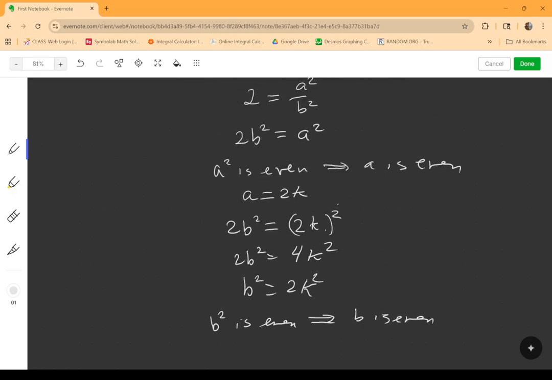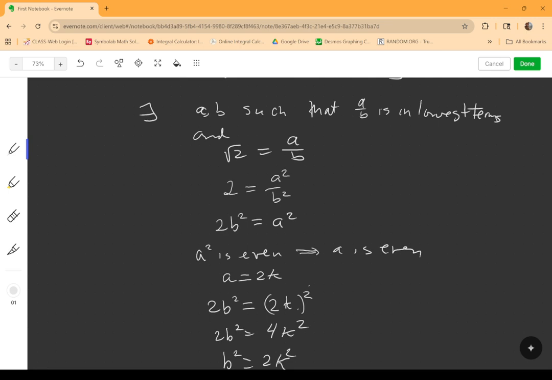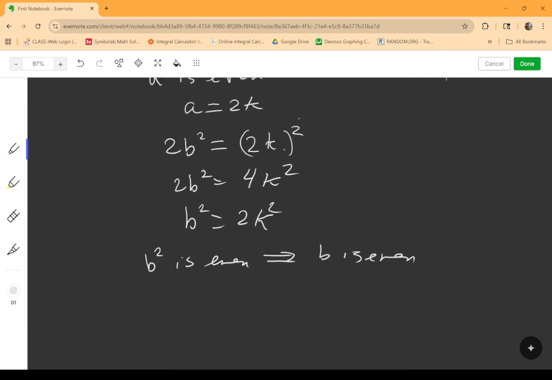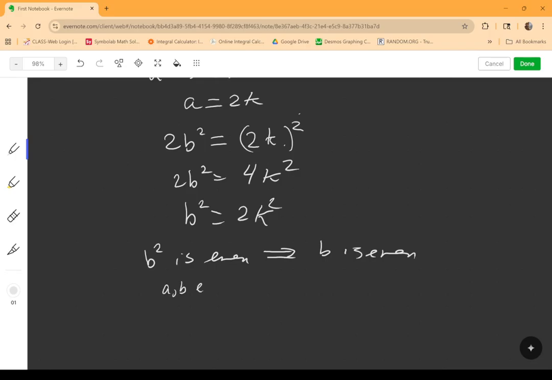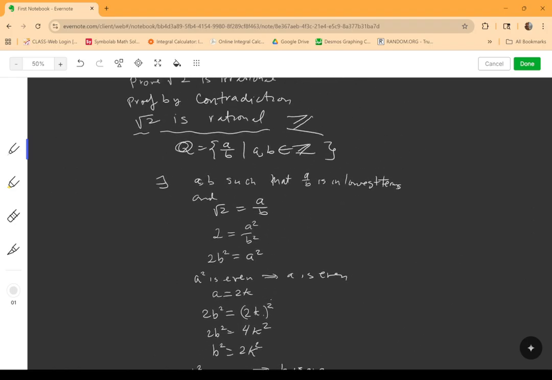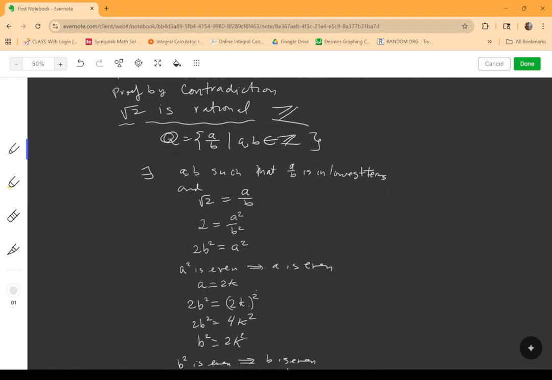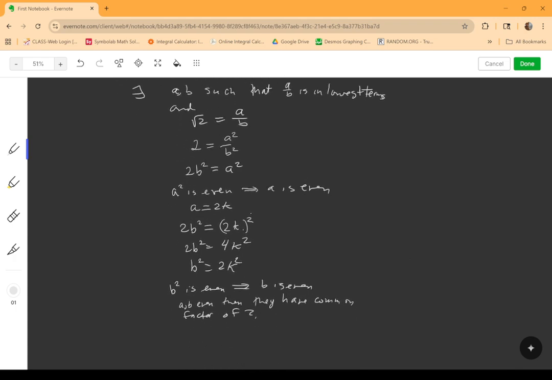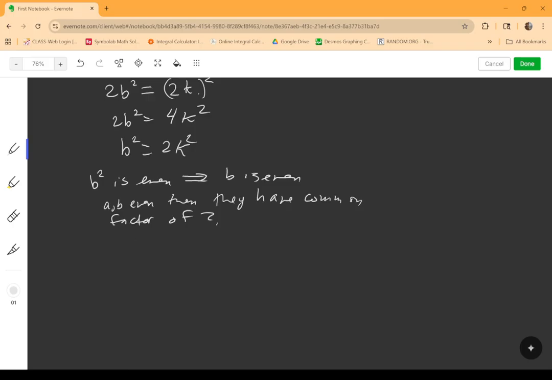Our initial assumption stated that a over b must be in lowest terms. So if a and b are even, then they have a common factor of 2. But that goes against my initial assumption that there exist a and b in lowest terms such that root 2 is a over b. So we've arrived at our contradiction.